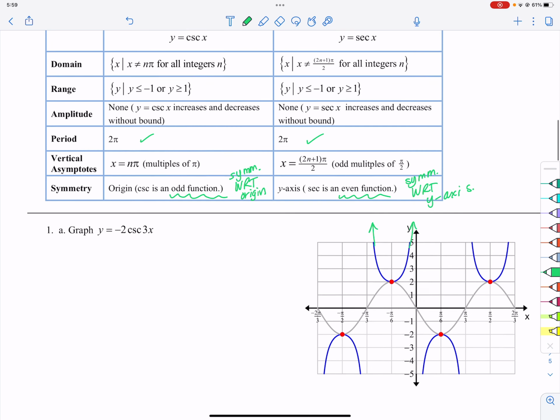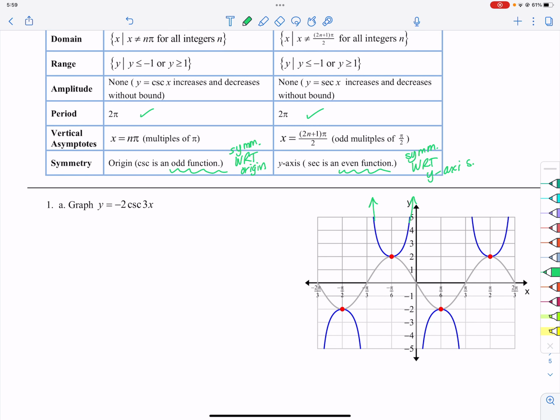Okay, so let's go ahead and try to graph this first one, y equals -2 cosecant of 3x. Right away, you can see that we are going to reflect the cosecant of 3x across the x-axis. So that's going to be important to start with. Let's go ahead and take a look at the amplitude.